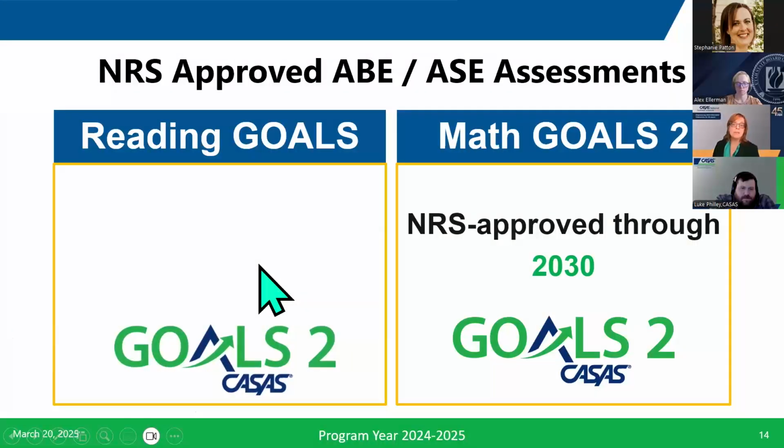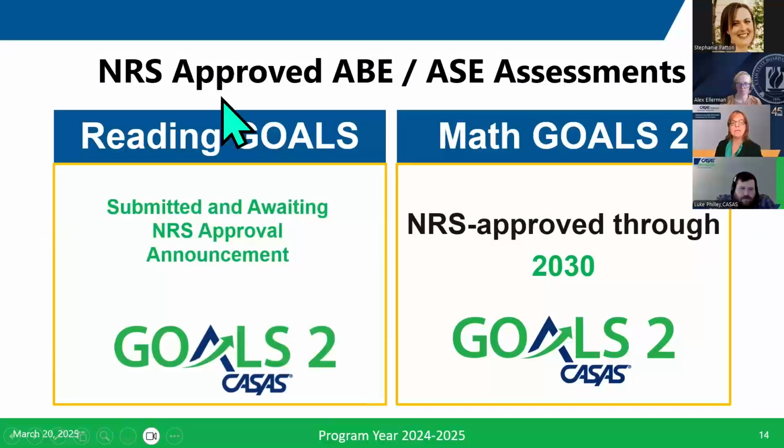We have word as of Monday from our contacts at the NRS that the Reading Goals 2 series has been checked off the list as approved, and we're just waiting for the ship to turn around a little bit to get that uploaded to the Federal Register. So again, we know that it's gone through the steps that it needs to go through. There's no more review. It's just a matter of waiting for those, what's that red tape called, right? For the red tape to be checked off.